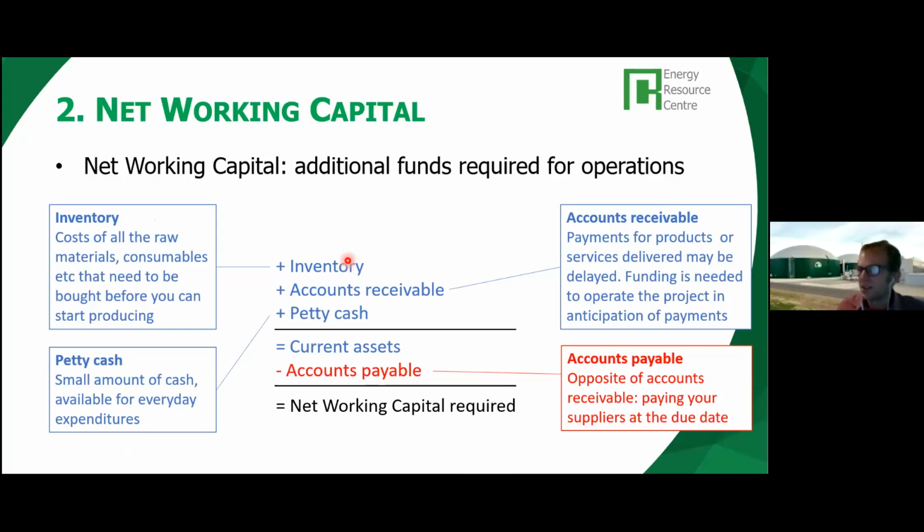Now, one of the parts of the model that I've not looked into yet was the net working capital, even though working capital is really needed in order to carry out a project, because it's basically the funds that you need, let's say, on top of your investment in equipment, in fixed assets.